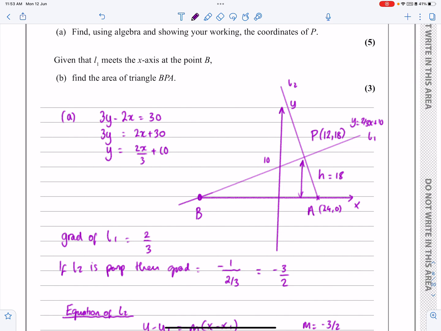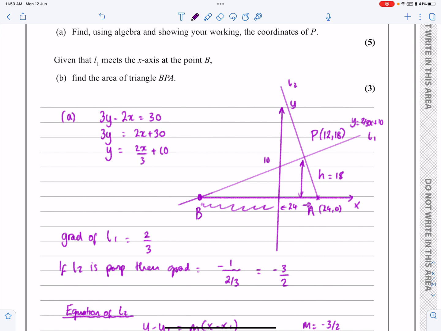So height is equal to 18. I just need to work out this length, and I already know that this part of it is 24. So again, gives me my game plan here. I just need to work out what that length there is.